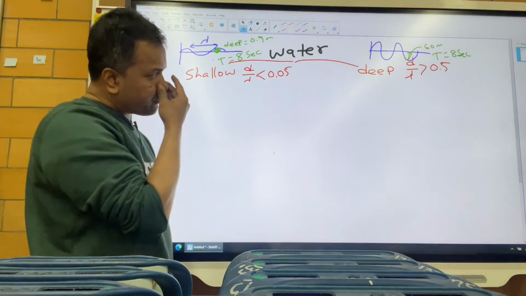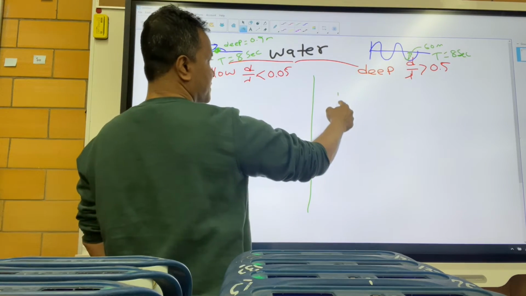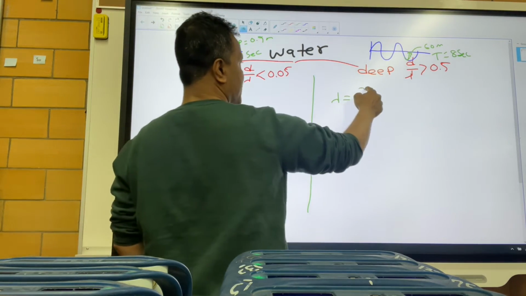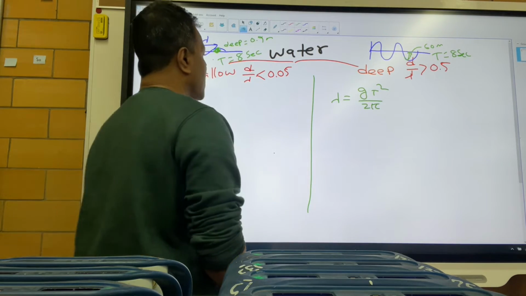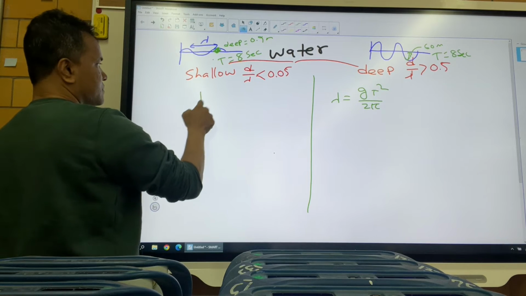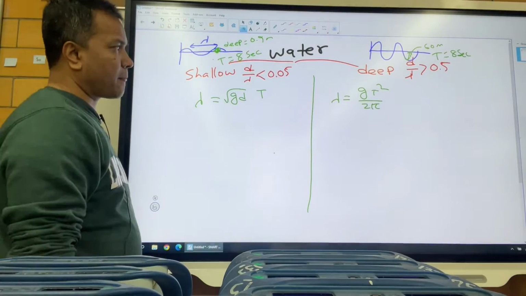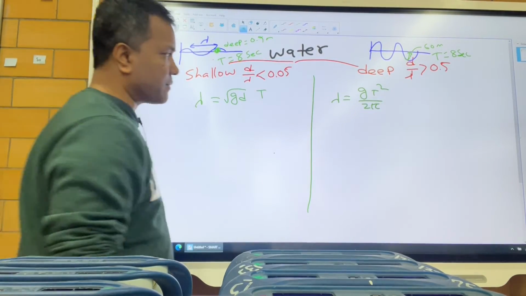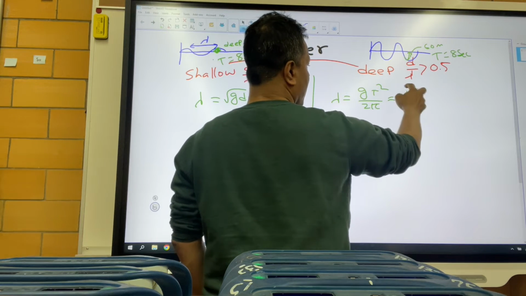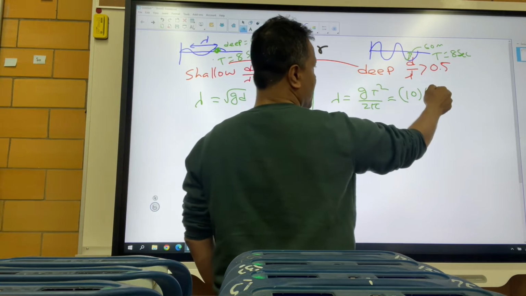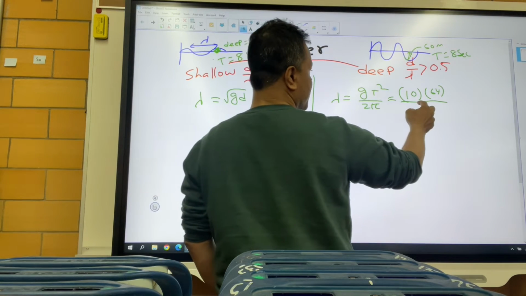Now let me show you the equation. The equation is lambda equals g t squared over 2 pi. Now let's calculate lambda quickly. g is 10, t is 8 squared, which is 64. 2 times 3.14 is 6.28.